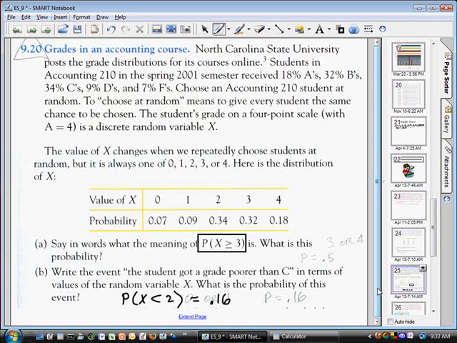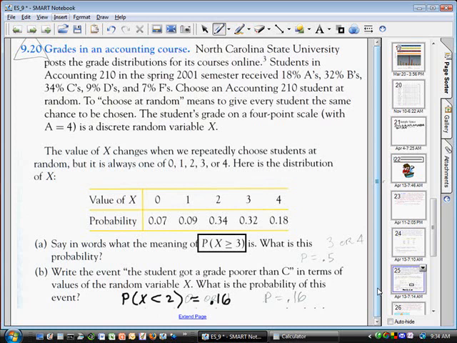The sum of those should be 100%. Let's just check it. 16, 50, 82. Yep, that adds up. Do they match the numbers up here? Yeah, they've just been changed to percent form. So 7% has been changed to 0.07.